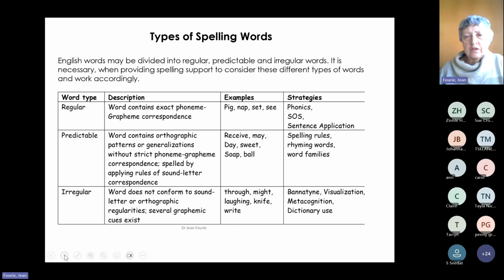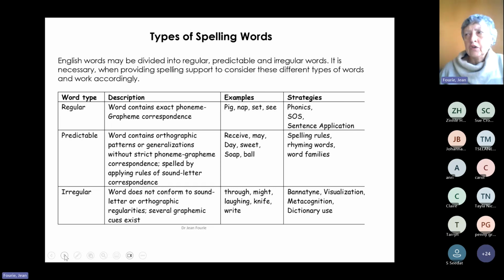The errors that are made in a child's writing are the crucial indicators for you as the remedial teacher of exactly what remedial strategy you're going to use in order to remediate those particular difficulties.